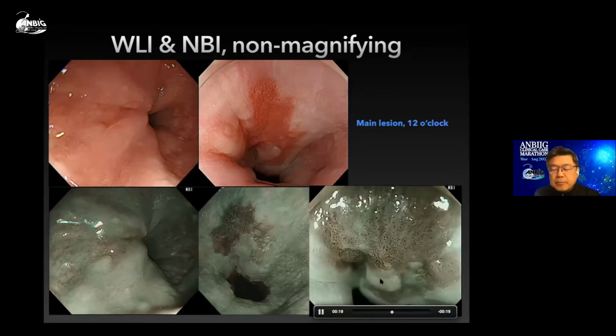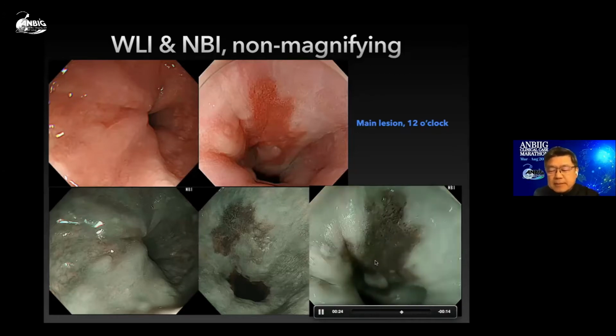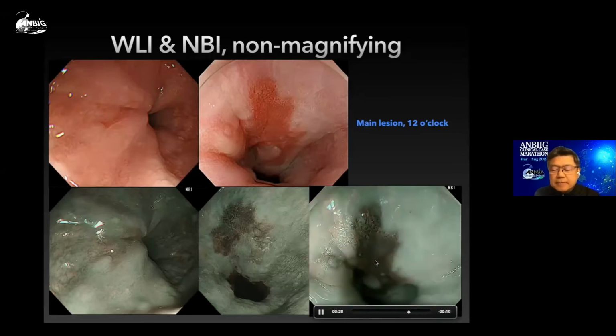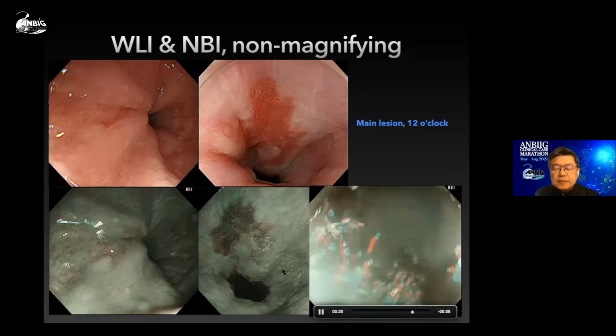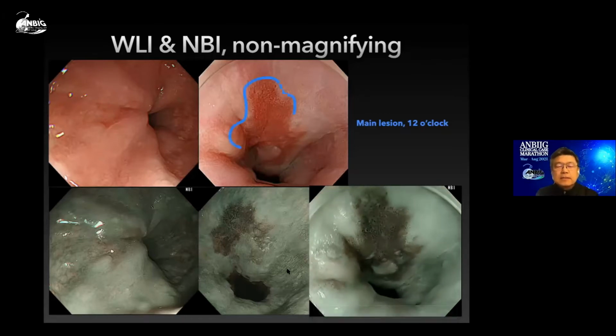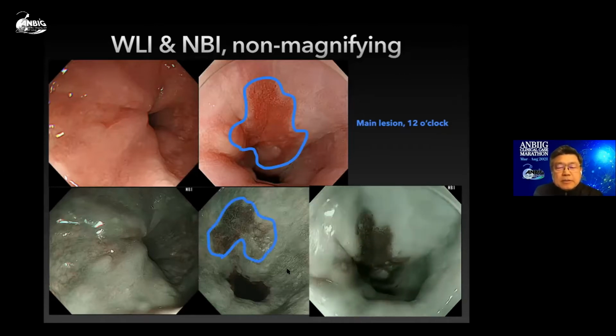And with the ANBIIG mode, you can find many dark spots. It may be IPCLs. This lesion is the main, referred lesion. The biopsy was high-grade dysplasia.